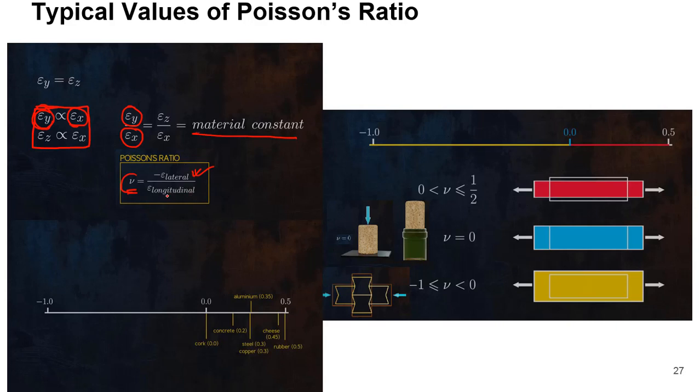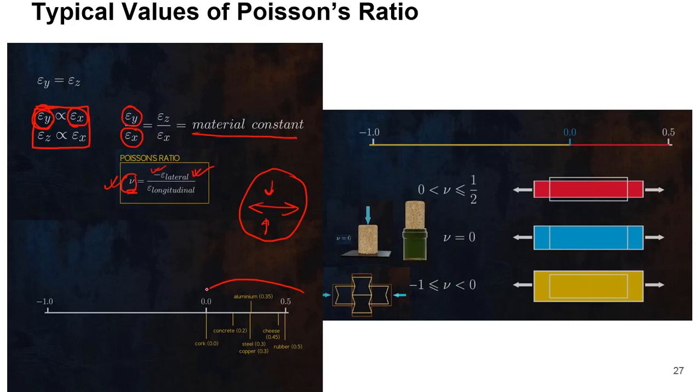But we know that the strain in the lateral direction will be negative. That is why another negative sign is put, so that Poisson's ratio becomes positive. In most practical situations, if you elongate, the material will compress in the lateral direction, so keeping that in mind, this negative sign is given to make Poisson's ratio positive.